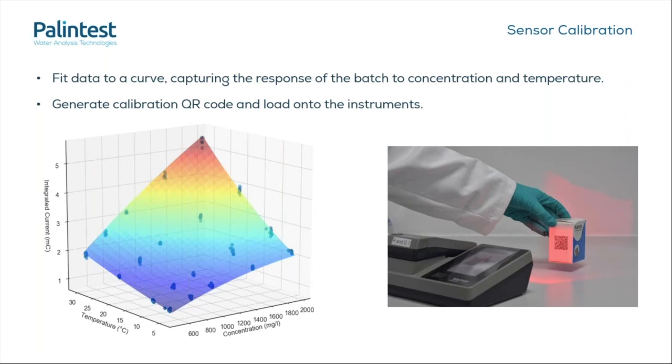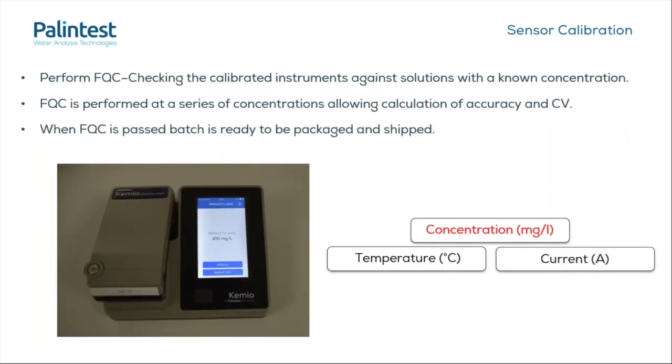All of this rigorous data collection in the calibration is incorporated into that barcode, and all the customer has to do is simply scan this, and all that information is loaded onto the Cameo. After we've finished the calibration, we do a final quality check, an FQC check, where we run the instrument as a customer would, just to check that we're getting the correct accuracy and CV.